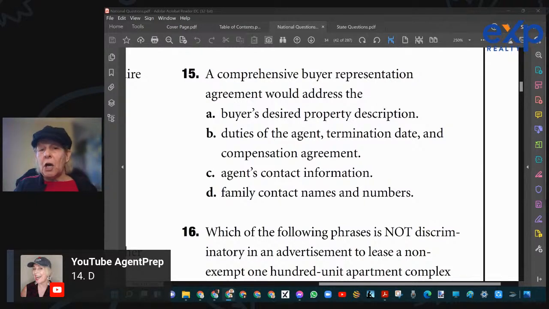So it'll have a start date, an end date, the area of where they're going to look for properties, the price range, and it could have on there if they're already pre-approved, and whether they're going to pay a buyer's representation commission if the seller doesn't pay for it, in case we approach a for sale by owner that they would like to buy and the seller doesn't want to pay the commission.